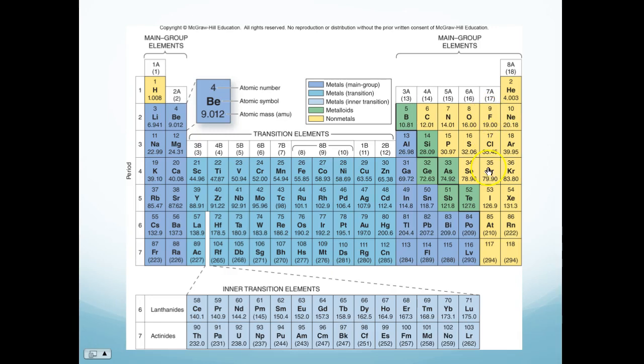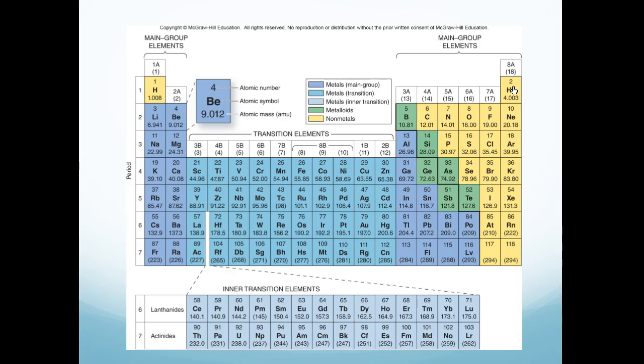And for the halogens, so fluorine, chlorine, bromine, iodine, those are going to want to gain 1 electron to become stable, giving them a -1 charge. Noble gases are already perfectly happy the way they are. They don't want to gain or lose electrons. So these are the things we want to be able to gather from the periodic table.